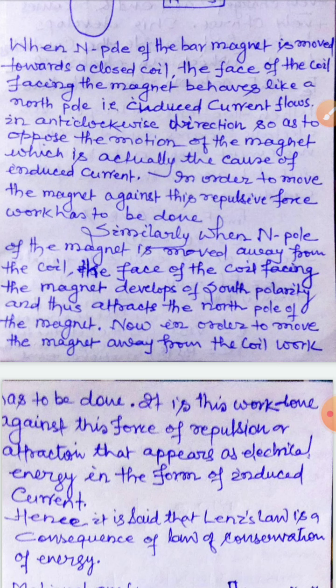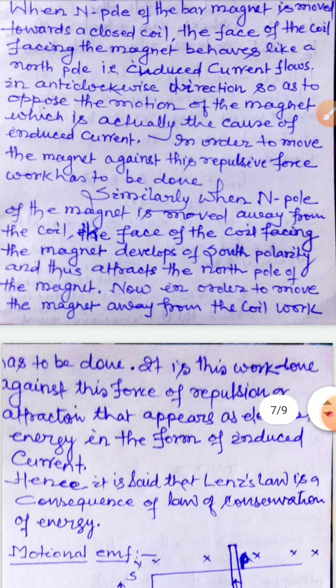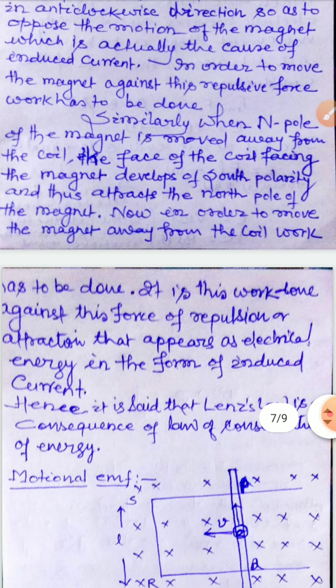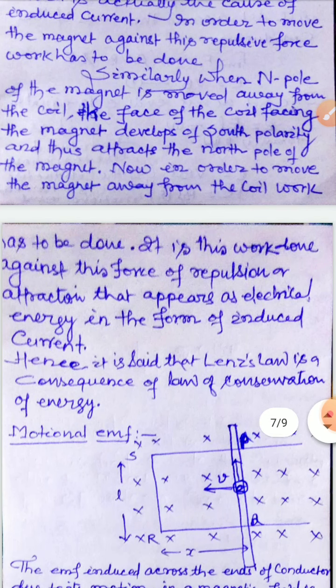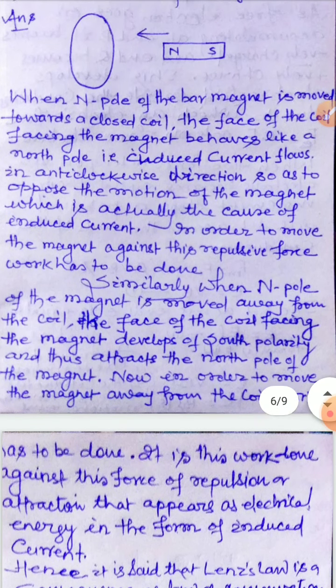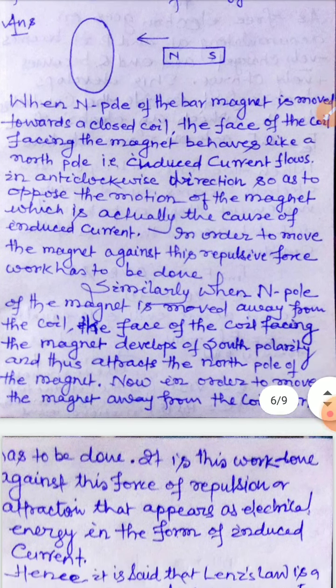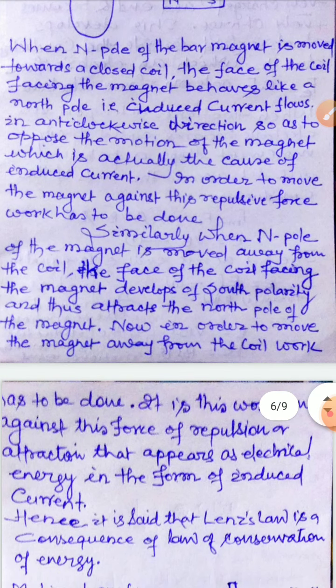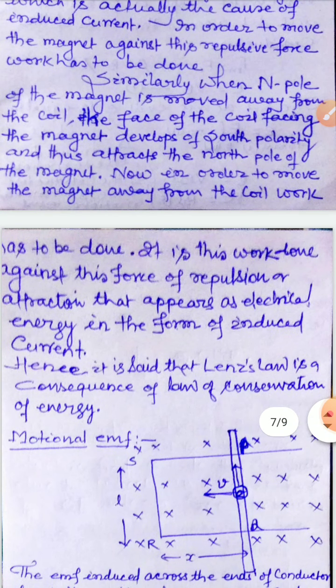Now, in order to move the magnet away from the coil against this force of attraction, work has to be done, and this work appears as electrical energy across the coil. That is why it is said that Lenz's law is a consequence of conservation of energy.